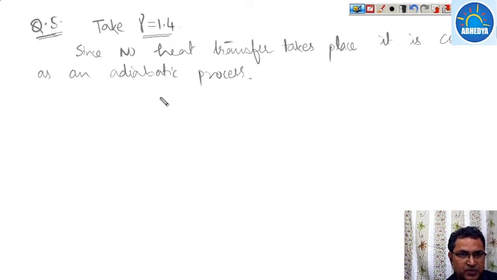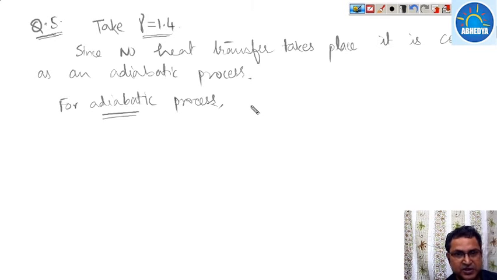So for adiabatic process, P2 upon P1 to the power gamma minus 1 upon gamma is equal to T2 upon T1.